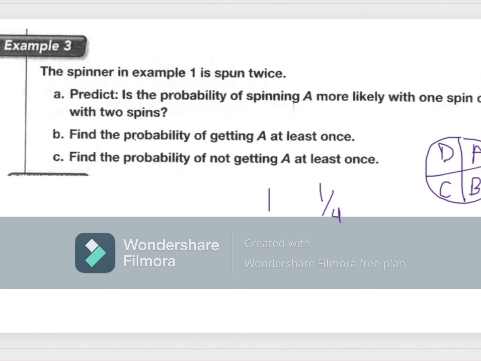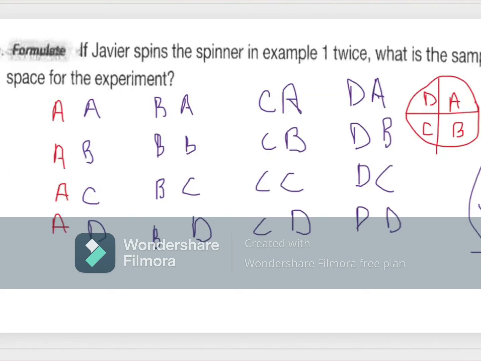But if we spin twice, we have to go back here. How many A's did we have in here? We had an A in there, 2, 3, 4, 5, 6, 7.